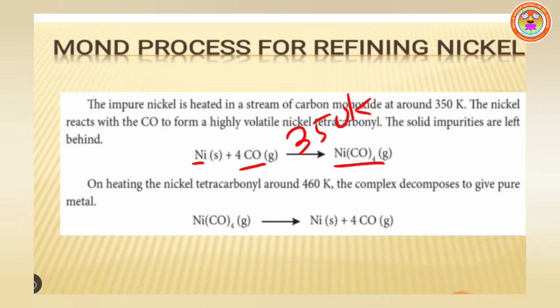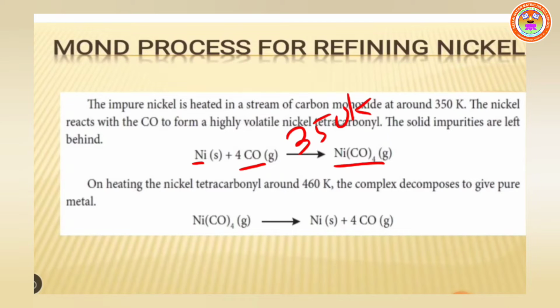The formula of carbon monoxide is CO. So the equation for the formation of nickel tetracarbonyl is Ni plus CO gives Ni(CO)4. On the product side, nickel tetracarbonyl is a complex.